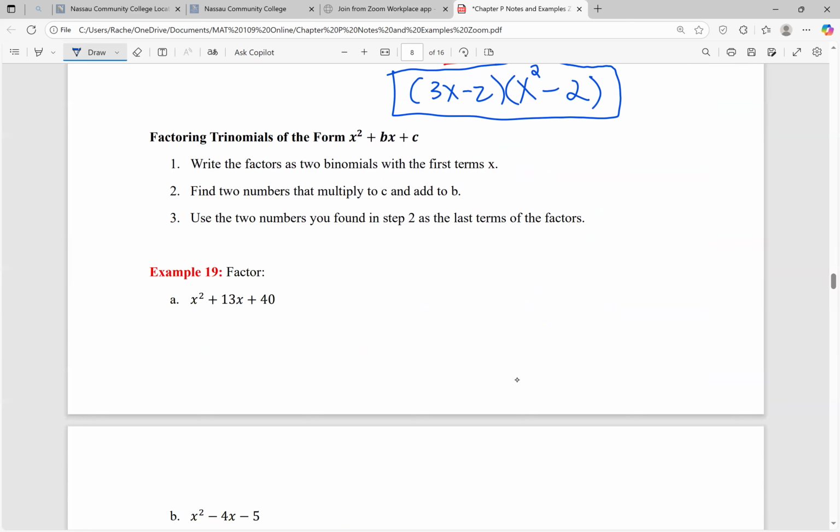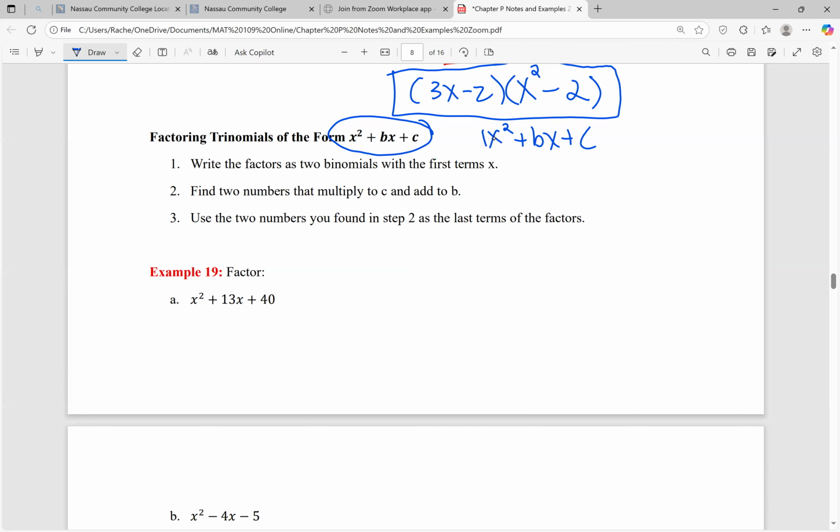So let's look at another polynomial type. What if I have a trinomial? So a polynomial that has 3 terms and it's in the form x squared plus bx plus c. Now notice the leading coefficient on the x squared term is 1. So it's like we have 1x squared plus bx plus c.